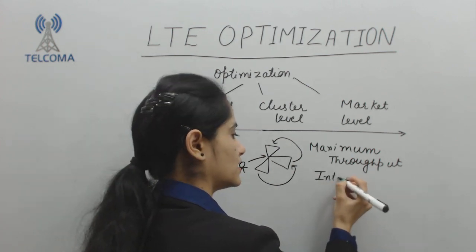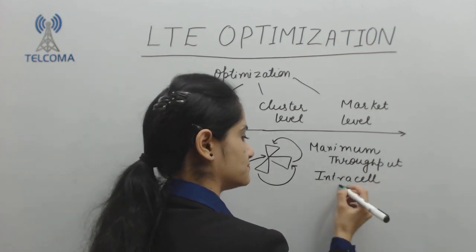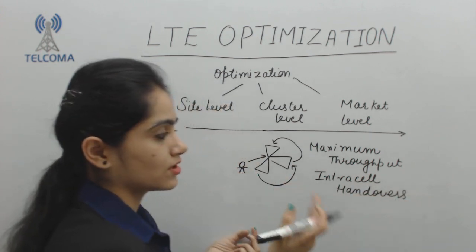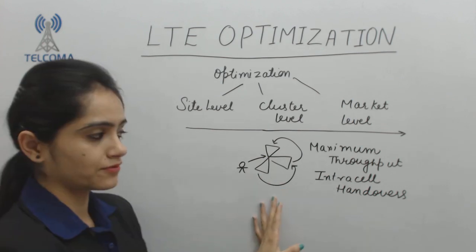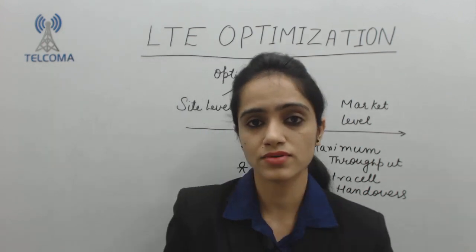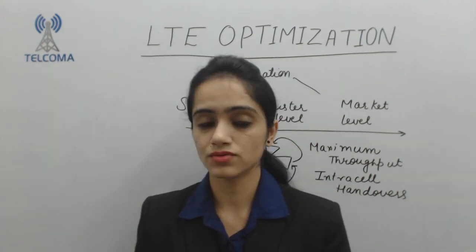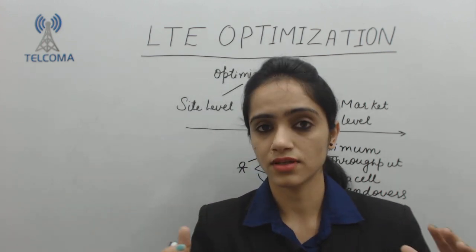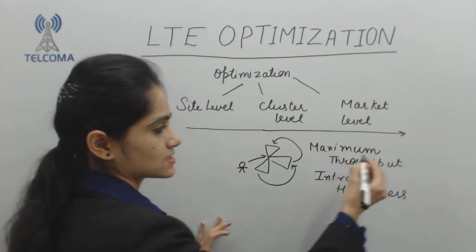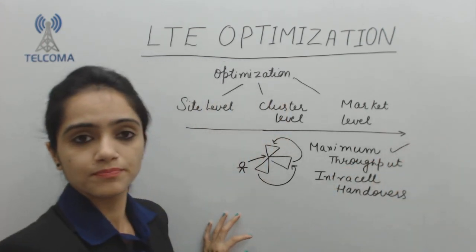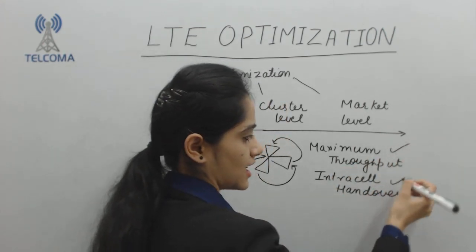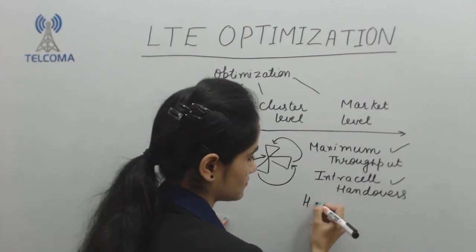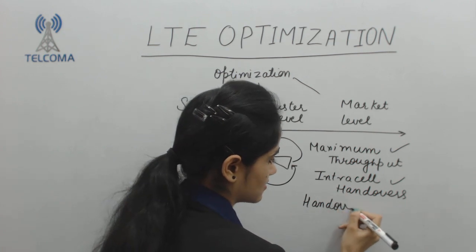We have to find out intra-cell handovers. That means you require to move in a cell and find out whether the handover procedure is okay whenever a user is moving from one cell to another. So first is to find out maximum throughput. We require to find out intra-cell handover, and also handover latency.